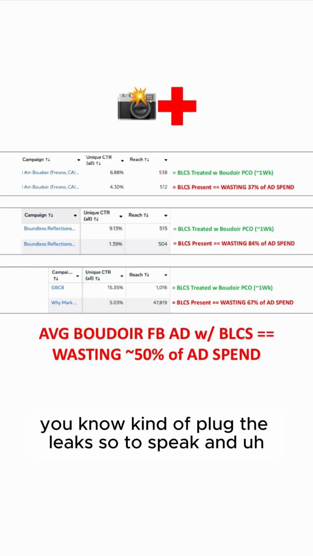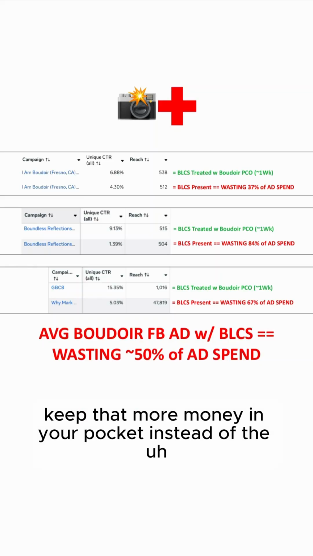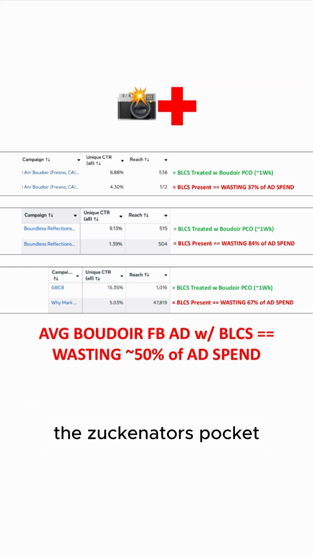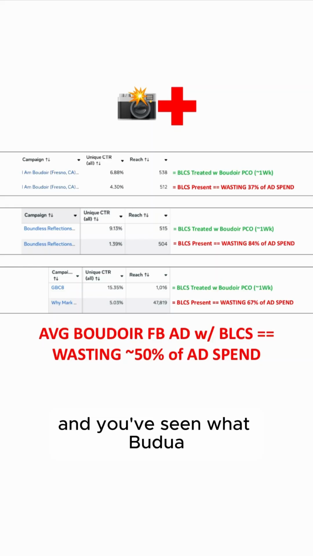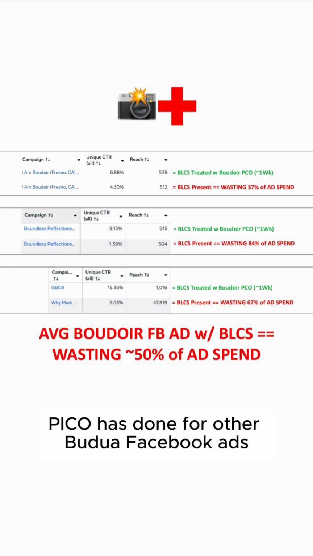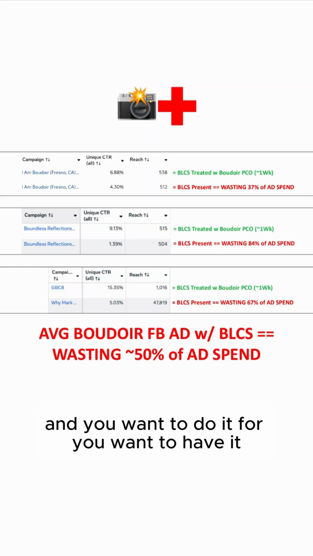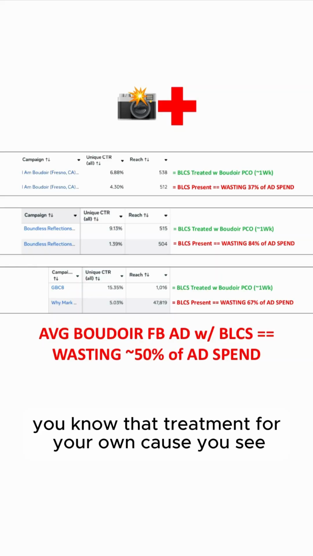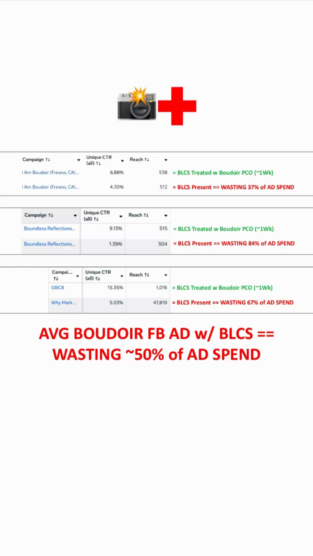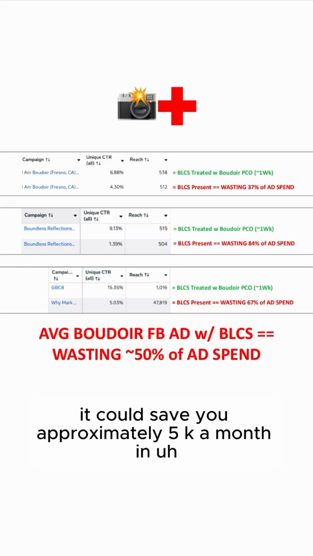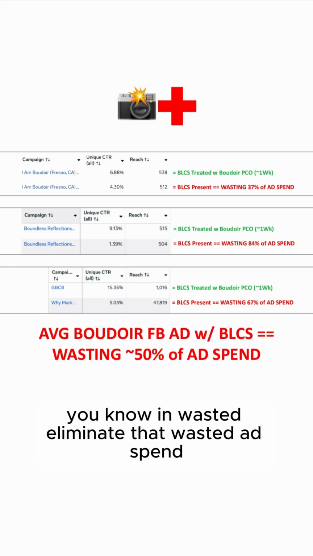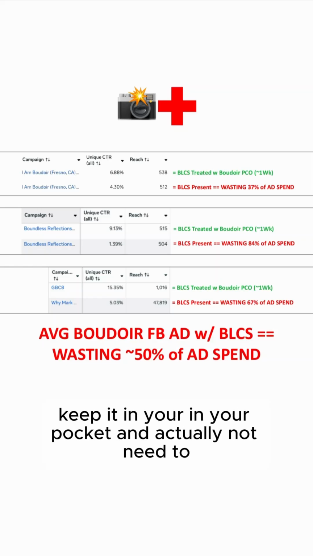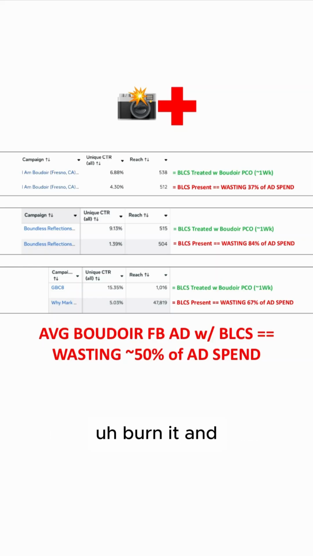You want to plug the leaks, so to speak, and keep more money in your pocket instead of the Zuckinator's pocket. And you've seen what Boudoir Pico has done for other Boudoir Facebook ads, and you want that treatment for your own, because you see it could save you approximately 5K a month, eliminating that wasted ad spend, keeping it in your pocket, and not needing to burn it.